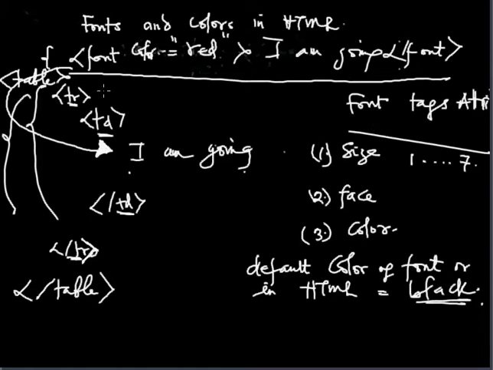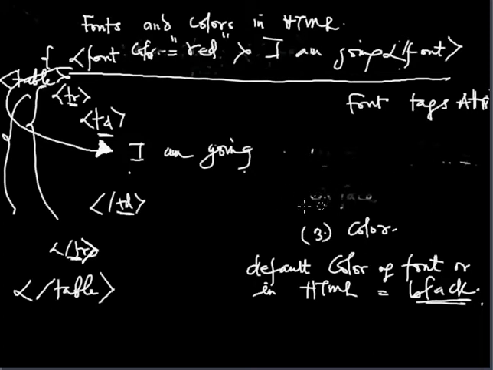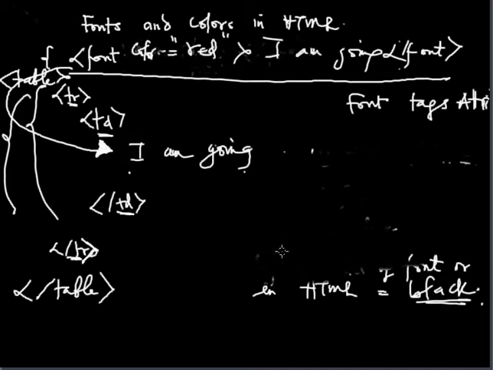That's all about fonts. We're going to also move to the color. I talked a bit about the color. The color can be written in words, like the way we've done in the color attributes, or it can also be written in hexadecimal code.